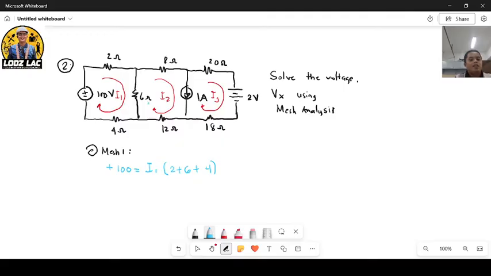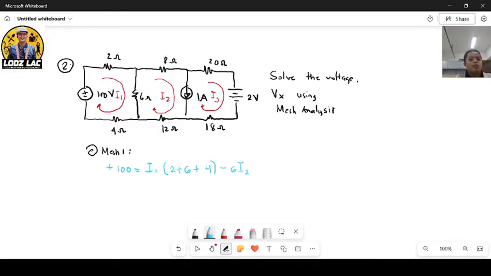Then the 6 ohm resistor is shared with the other side. Since I am inside mesh 1 and it is opposing to the other side of the mesh, you subtract here 6I sub 2, because that side is facing mesh 2. Then you solve the equation.